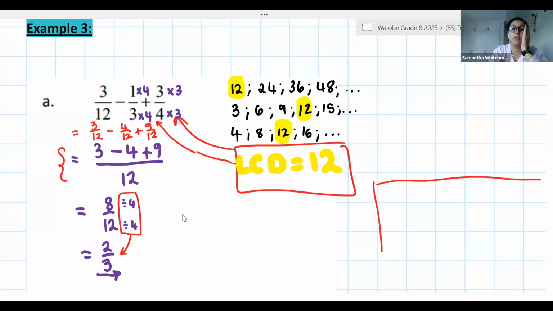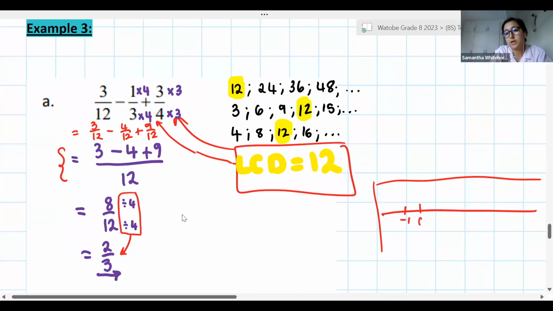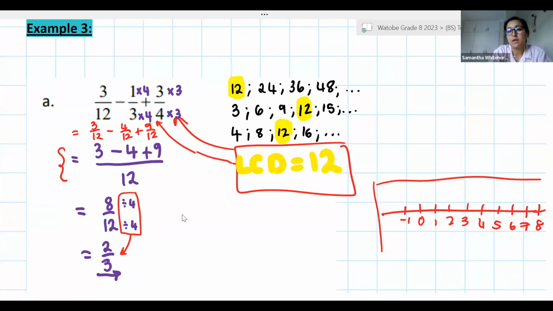Okay, so just be careful. If we're saying negative 1 plus 9, so here's negative 1, 0. So negative 1 plus 9 is 1, 2, 3, 4, 5, 6, 7, 8, 9. It's positive 8. Okay, thank you, ma'am. Pleasure.